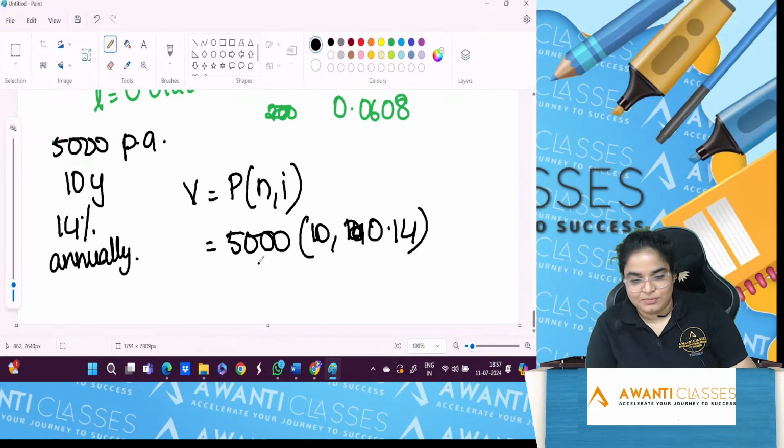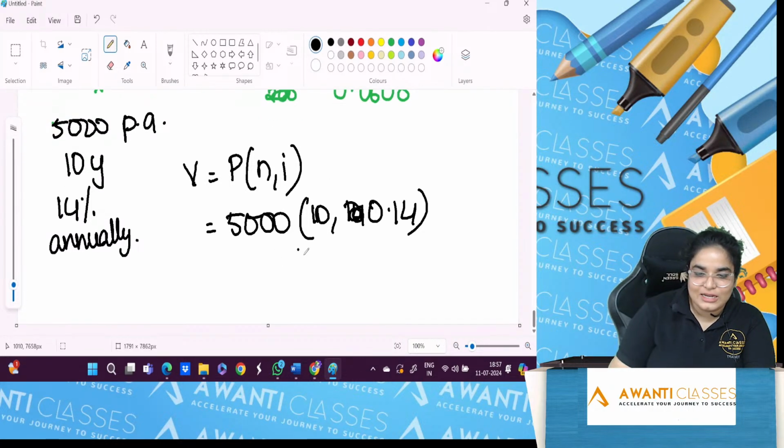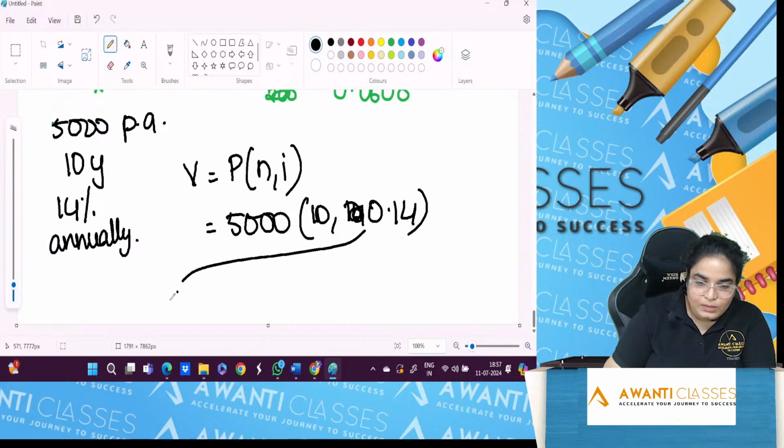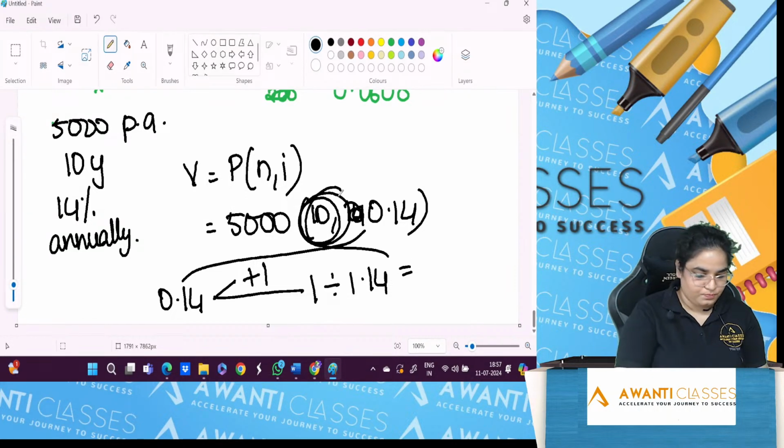The same steps. What is the first step? 0.14. Add 1. Next 1 divided by 1.14. Press equal to how many times? 10 times.